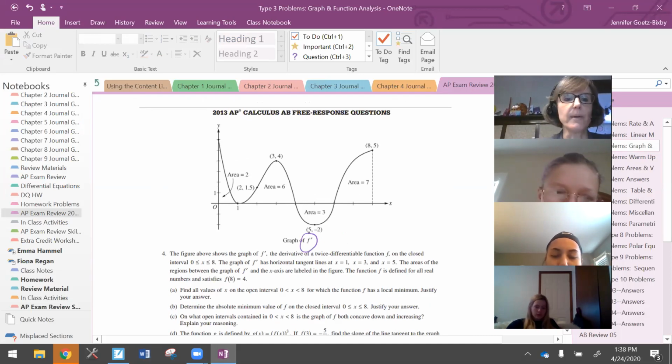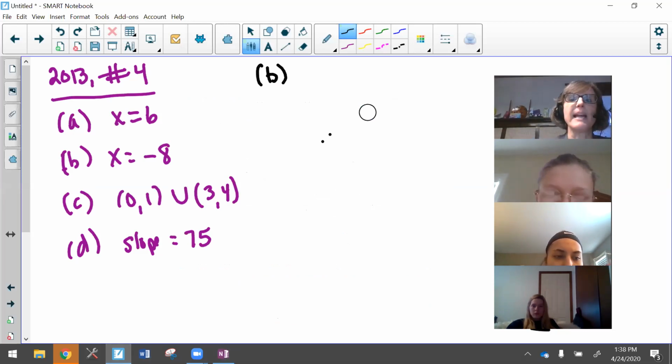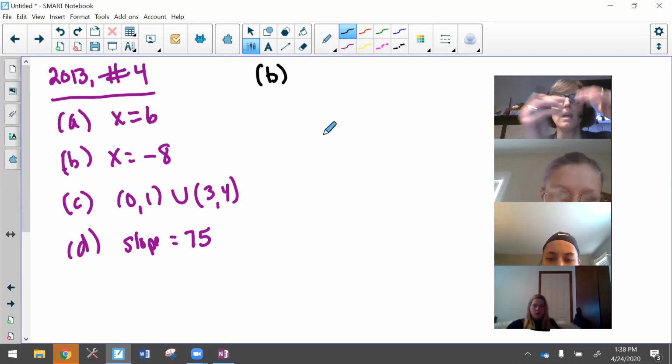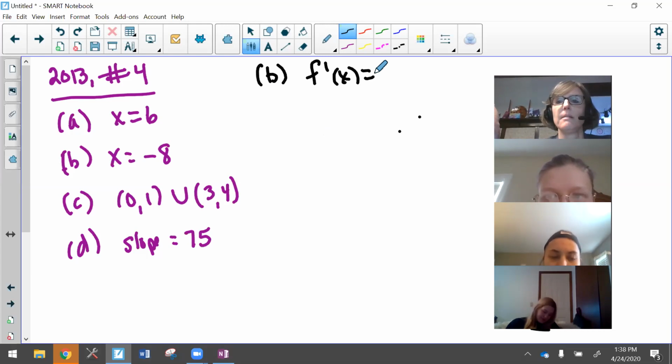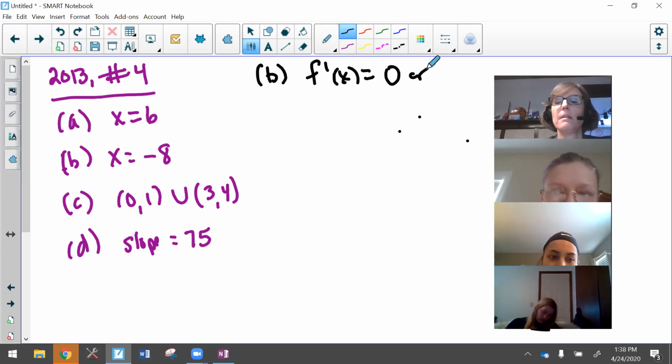When we are looking for absolute minimum values, we have to start by identifying what our critical points, or stationary points, are going to be. That means we're looking for places where f prime of x is equal to what? 0. 0 or not defined, right, doesn't exist.